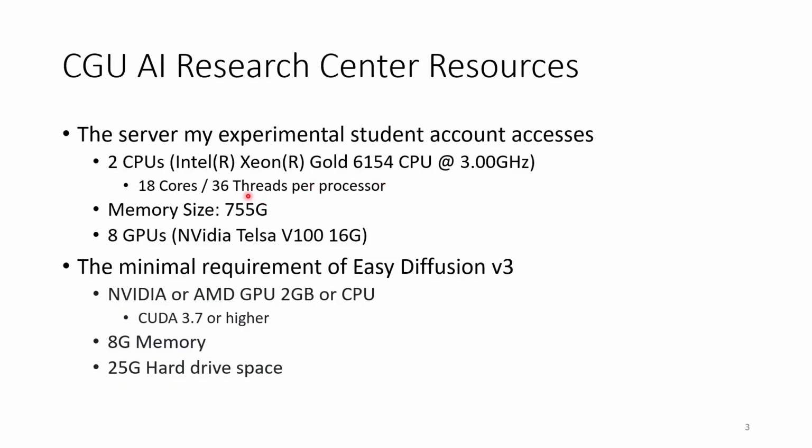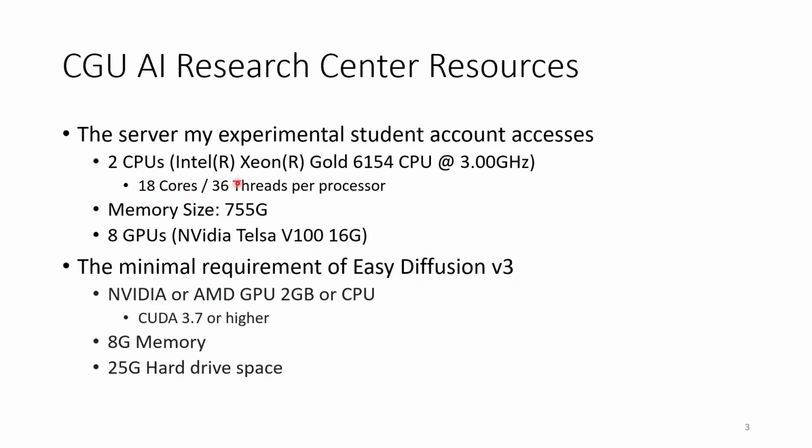Because I created an experimental student account, all of you have a student account, right? I can create another one. After logging into the system, I used some Linux commands to list the hardware. I found that the server my account was using has 2 CPUs, and each of them has 18 cores.